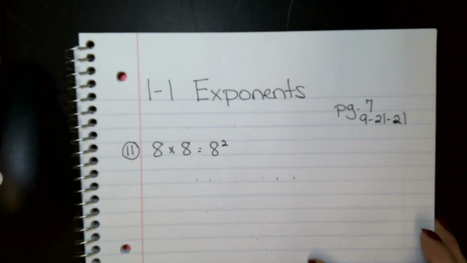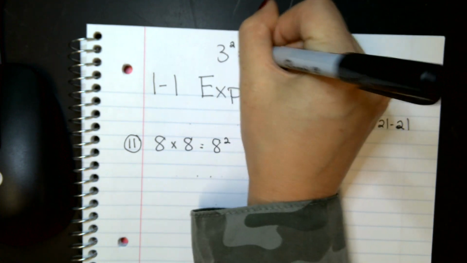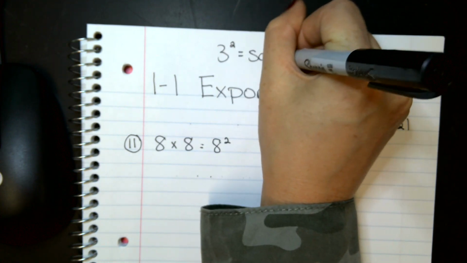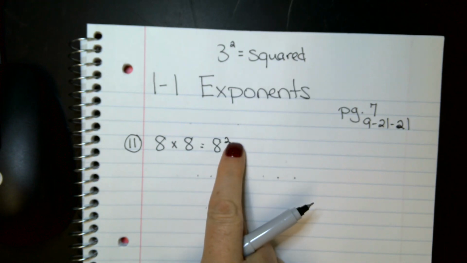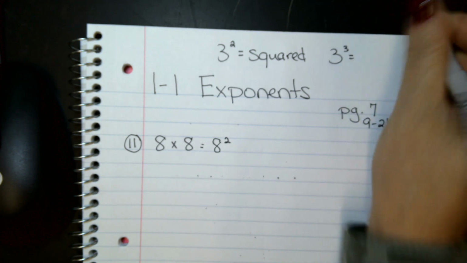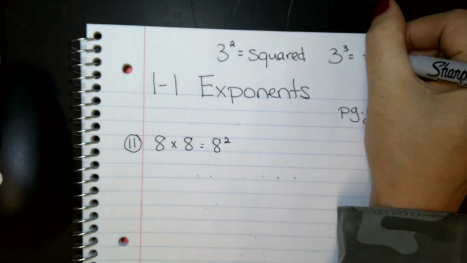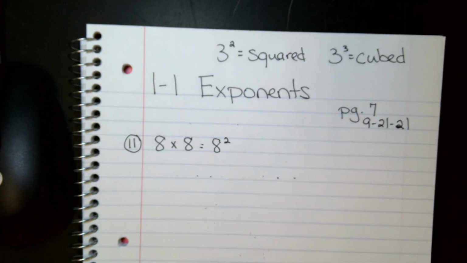So you would say squared. So 8 to the second power, or 8 squared. And then if we had the same thing with a 3, that would be 3 to the third power, or 3 cubed. So you'll hear those words as well.